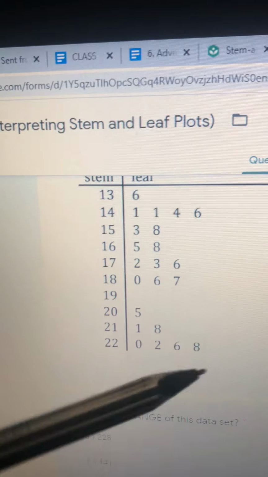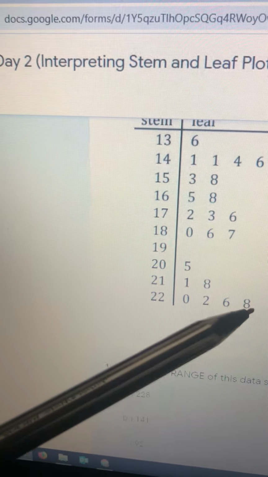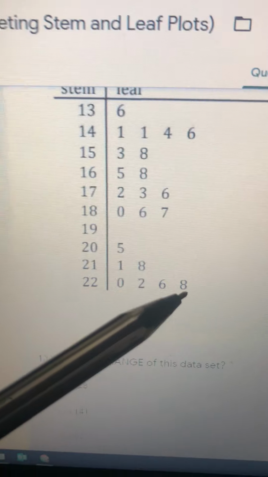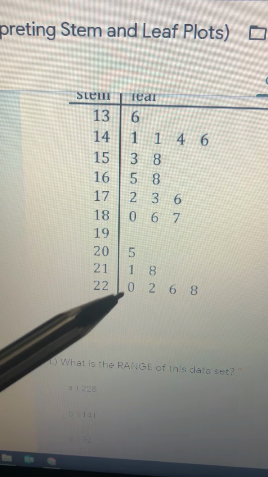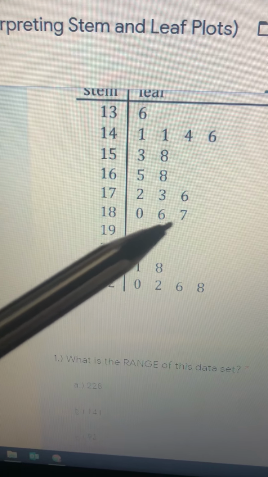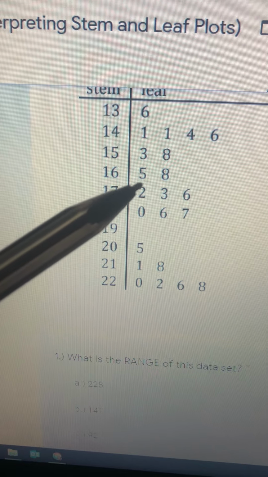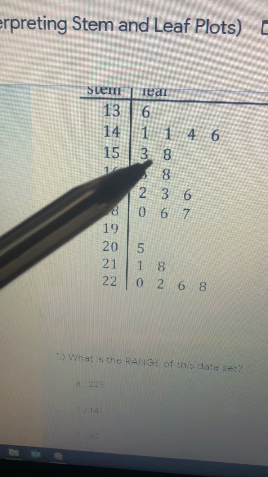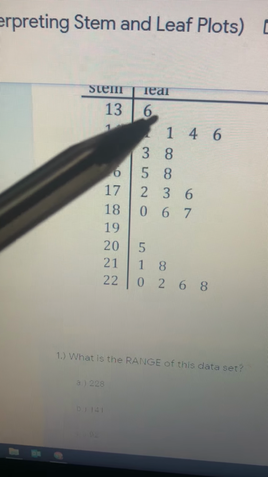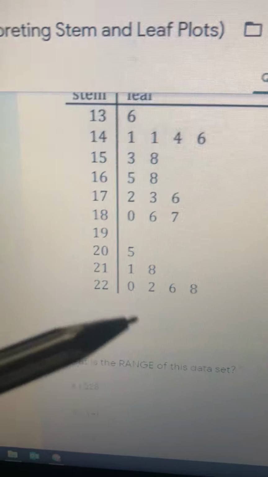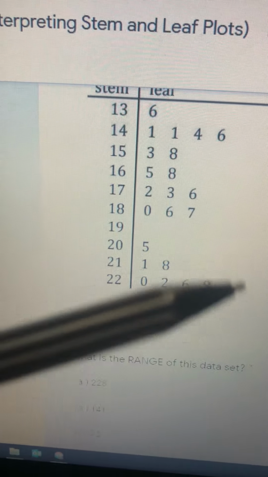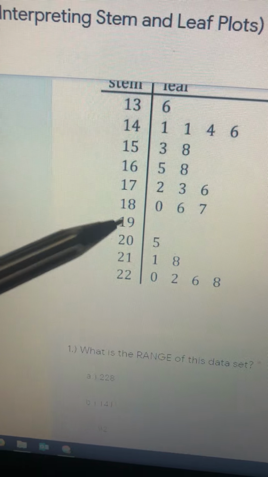When we count, you get 1, 2, 3, 4, 5, 6, 7, 8, 9, 10, 11, 12, 13, 14, 15, 16, 17, 18, 19, 20, 21, 22. So there are 22 data points in this stem and leaf.